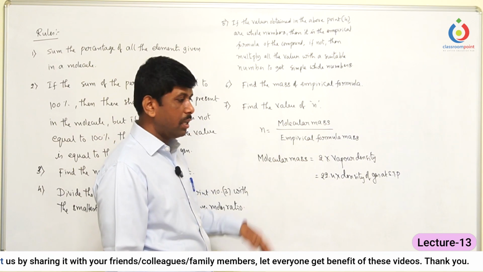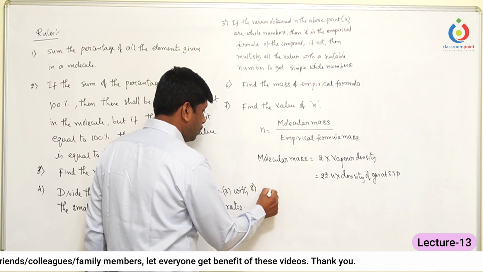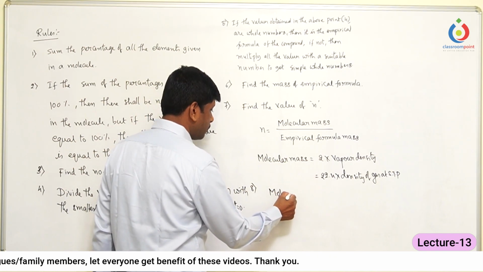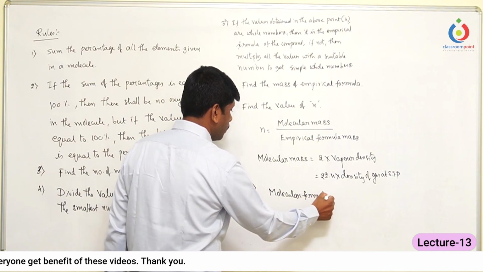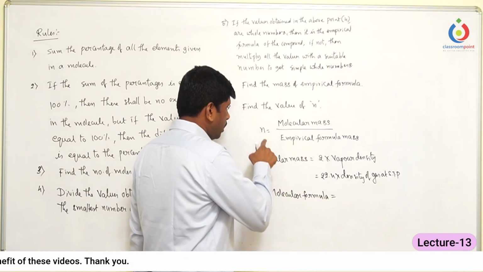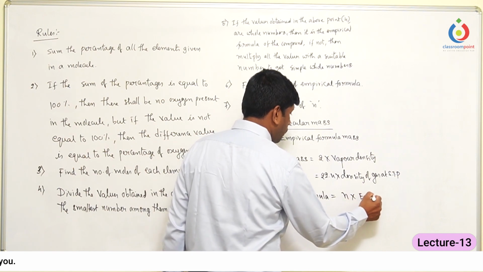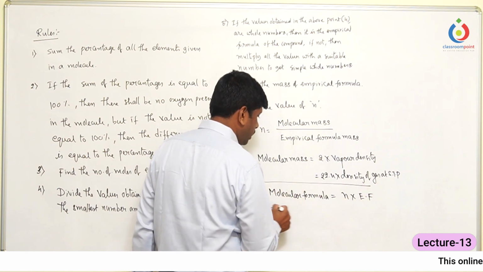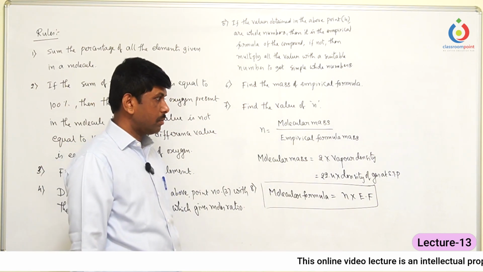Using that, we can calculate the value of n. And the final value: molecular formula is equal to this integer value, whatever n we are getting, times the empirical formula. So that gives the calculation of molecular formula.